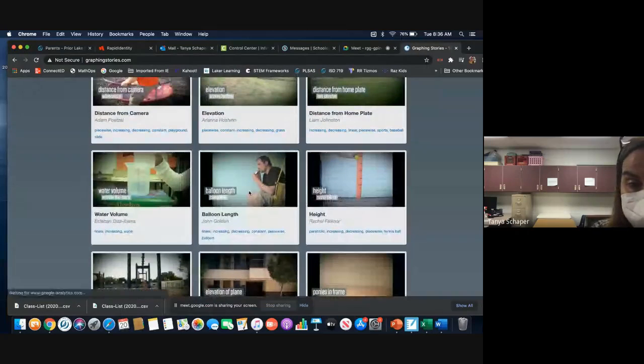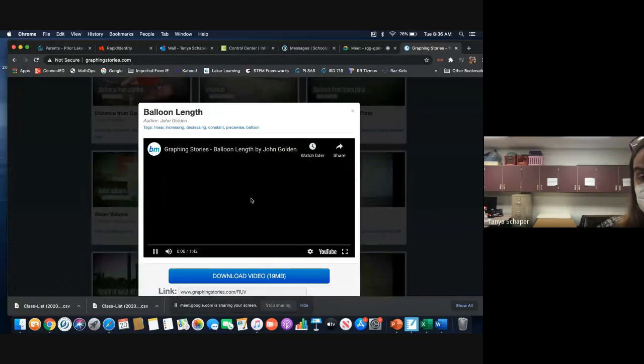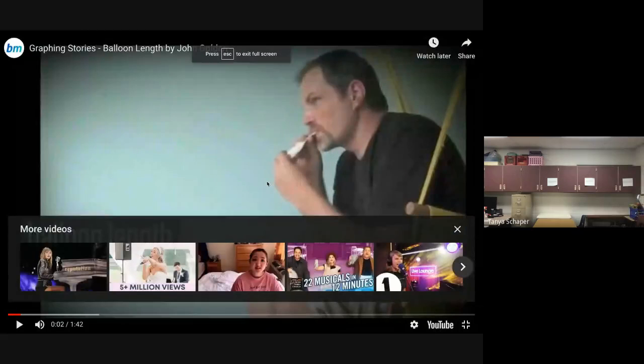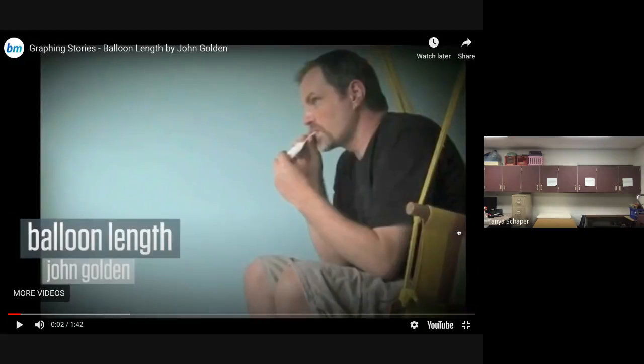Let's do balloon length. Okay. So this one right here is going to compare two variables. It's going to compare time, which is what we're controlling, and the length of the balloon.